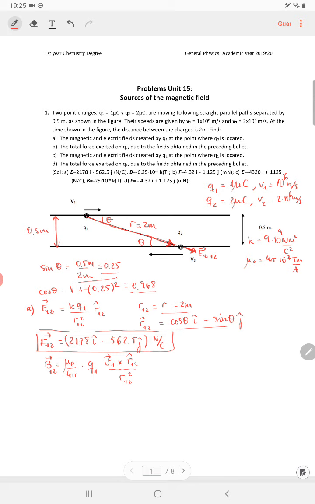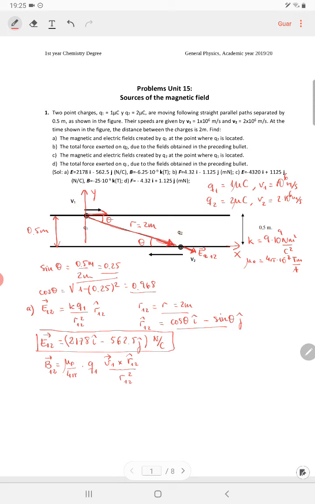Here we can discuss first the direction of the magnetic field. If you see, the unit vector is going to have this direction, and the speed has this direction here. So they both belong to the plane of the screen, so the magnetic field has to be perpendicular to this plane. So it has to be either into or out of the plane. If this is y, this is x, then z would be the axis that goes out of the screen.